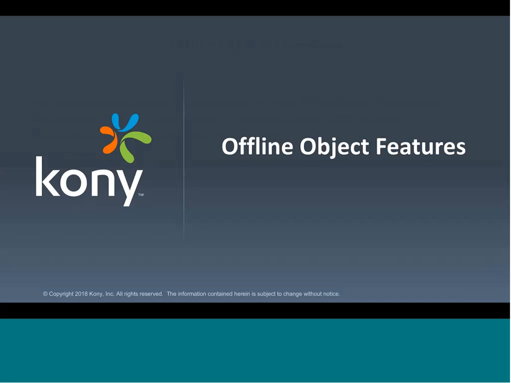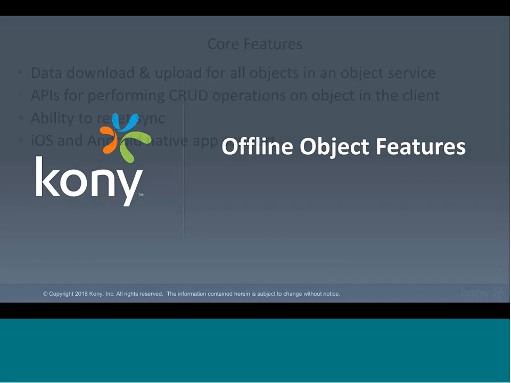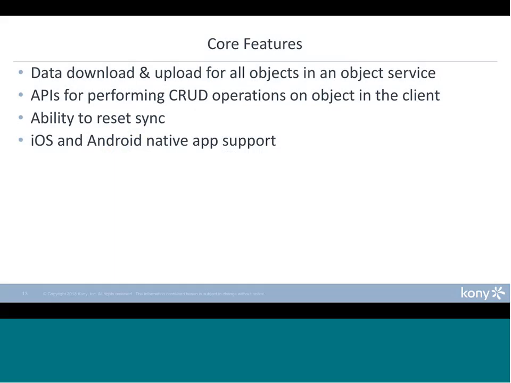So now let's start looking at the offline object features, as to what all we have, right? The core feature of any offline synchronization capability is the ability to download and upload all the objects in an object service.